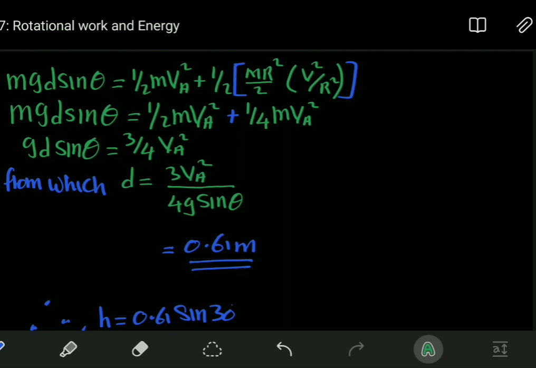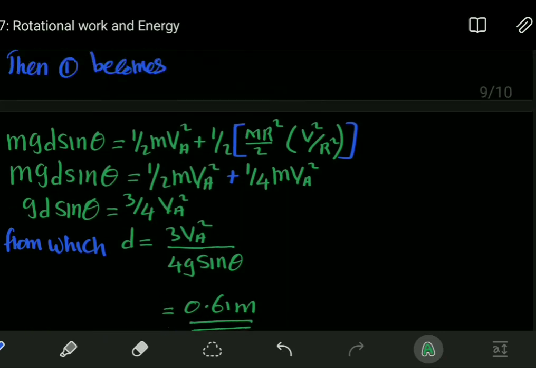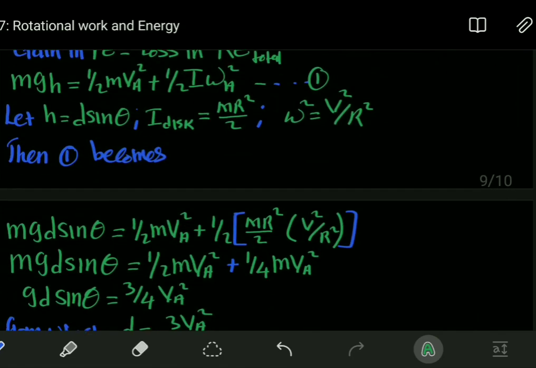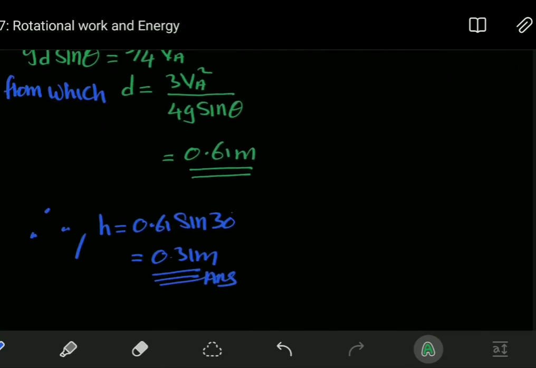So this a, notice that is the point at the bottom. Okay, so v_a is simply the speed at the bottom of the incline. Okay, so from this expression we find the distance as 0.61 meters. Okay, so the distance d here has been found as 0.61 meters.